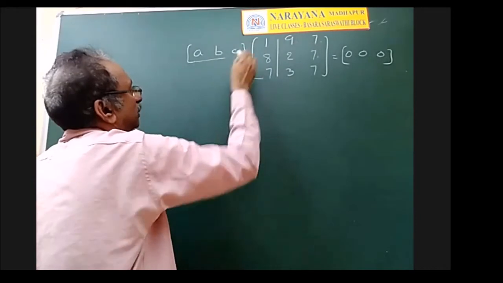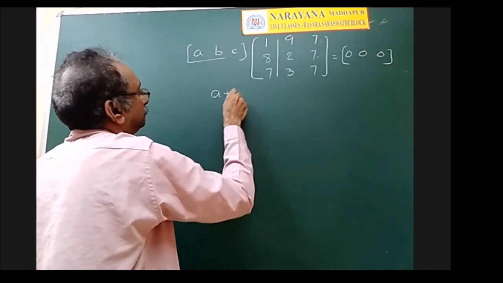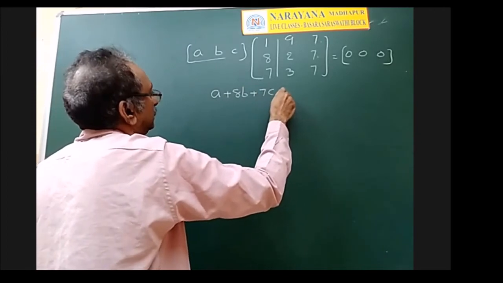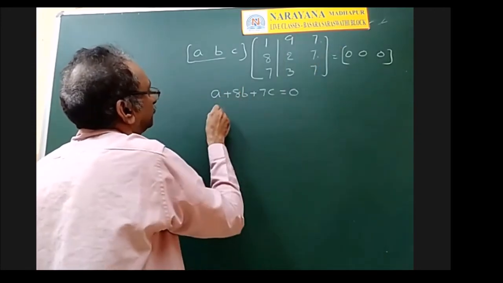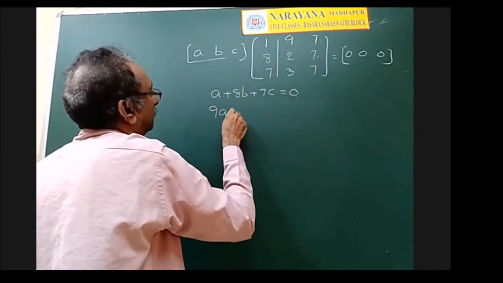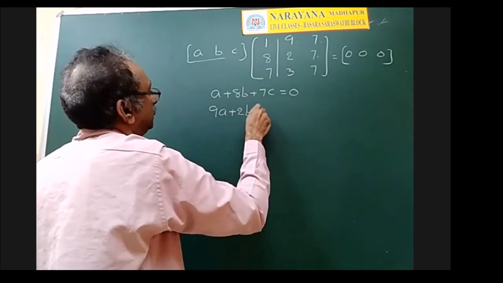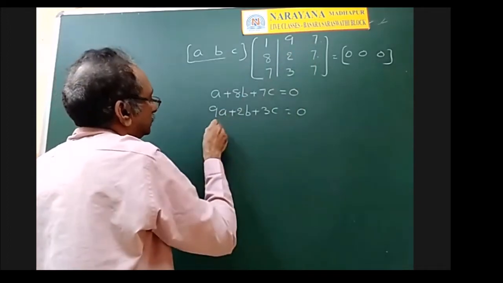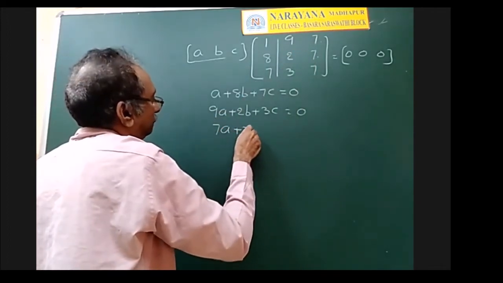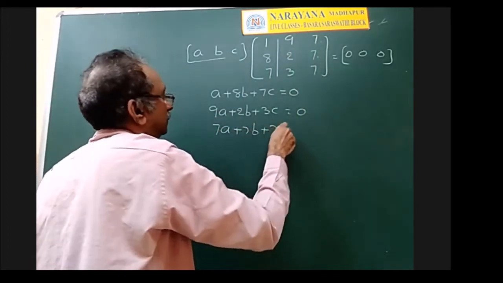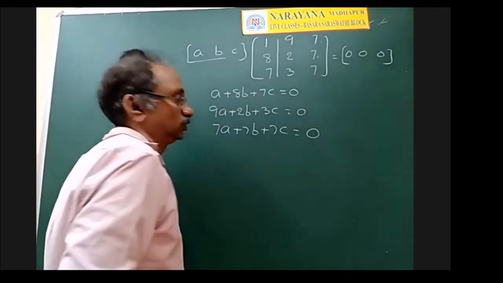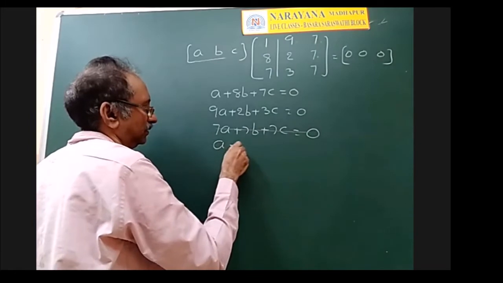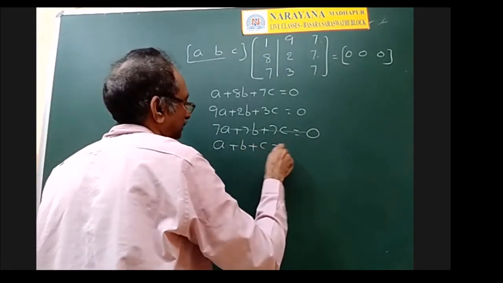That is 1 into A plus 8B plus 7C is equal to 0. 9A plus 2B plus 3C is equal to 0. 7A plus 7B plus 7C is equal to 0. That means I can simplify this, dividing with 7. I will get A plus B plus C is equal to 0.